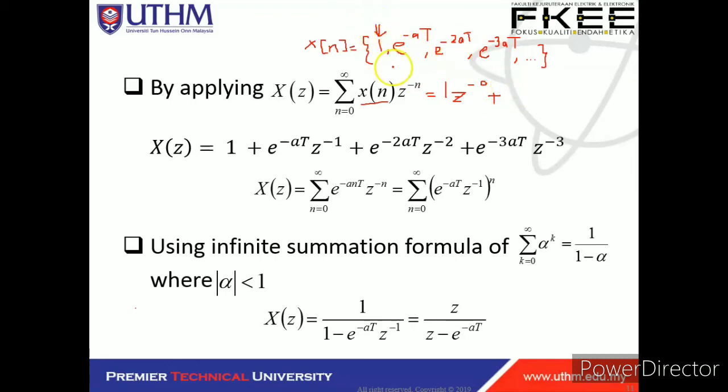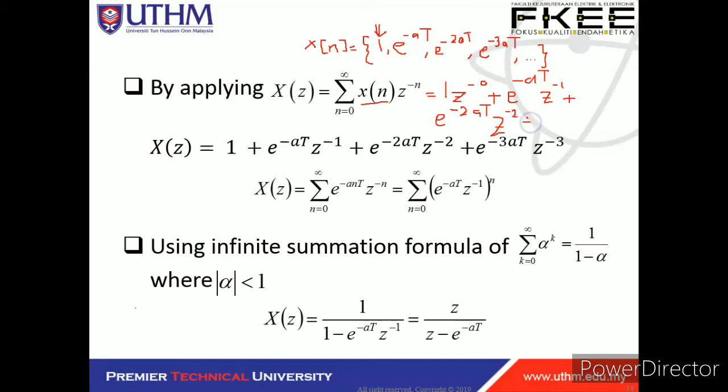So next is at n equals to 1, we have exponent negative aT, and now it will multiply with z negative at n equals to 1, and then plus exponent negative 2aT, multiply with z negative at n equals to 2.